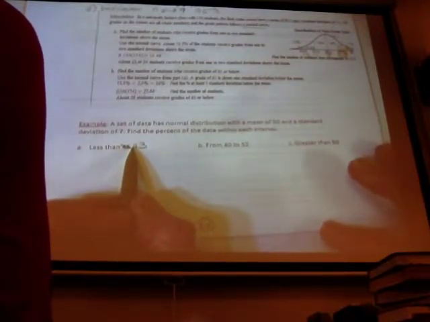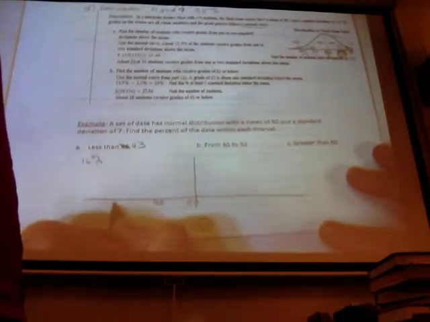What would that be then? If you can't figure it out, if you don't see it, draw your little thing. Here's 43. Here will be 36.